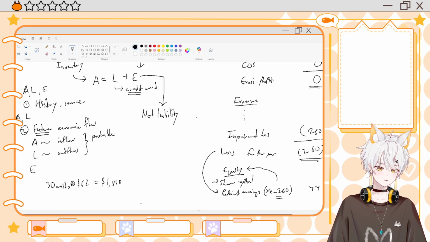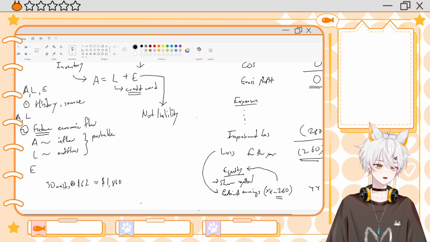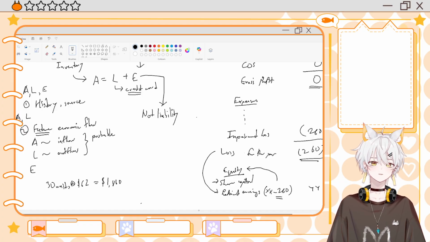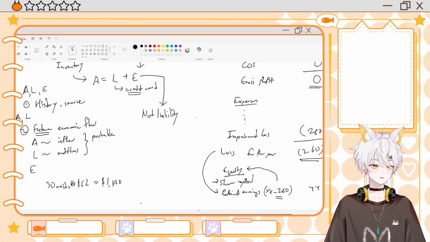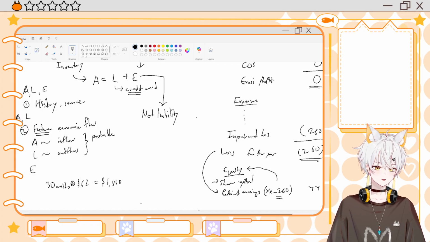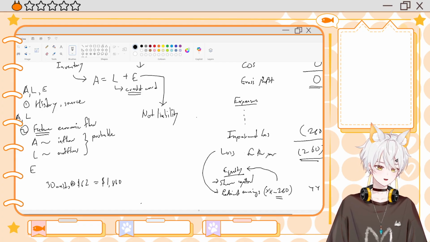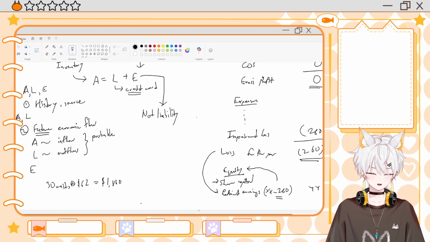By right, you're supposed to treat asset and liability valuation the same, but so far I think asset is still more stringent when it comes to estimations. So these are probable things, these are estimates.